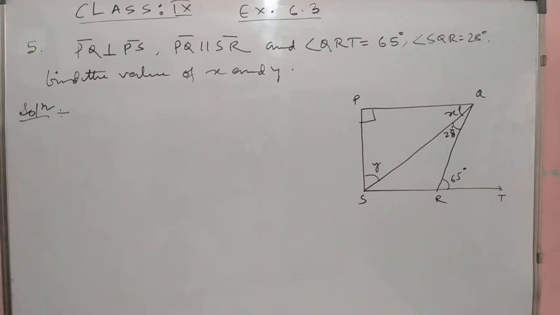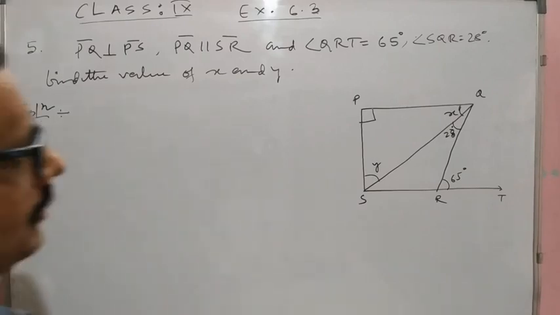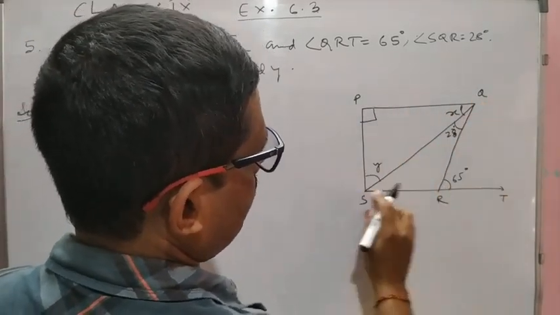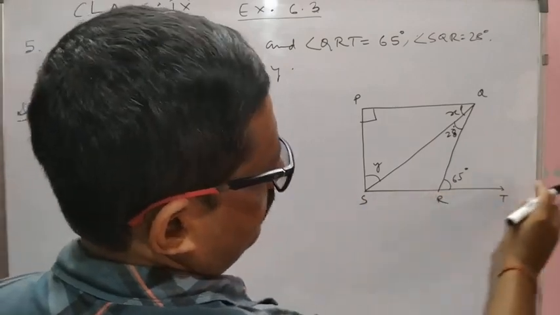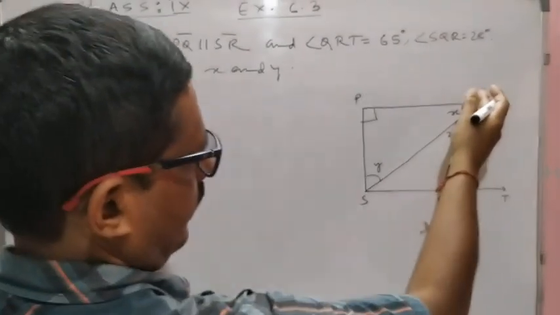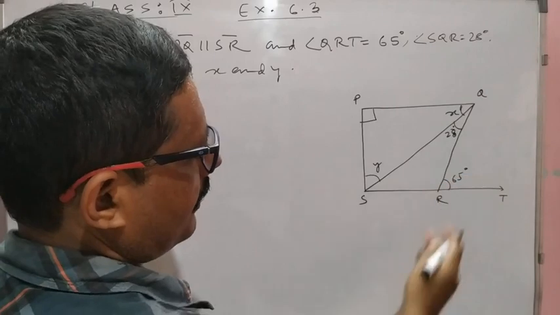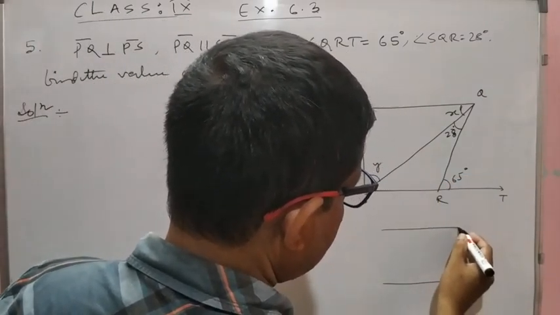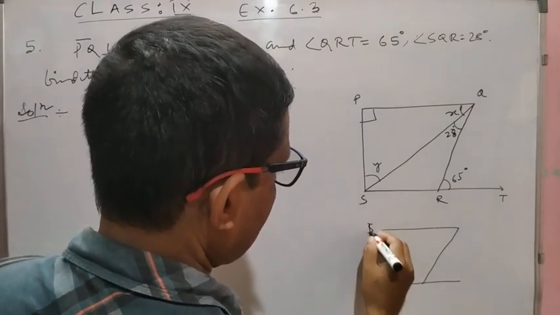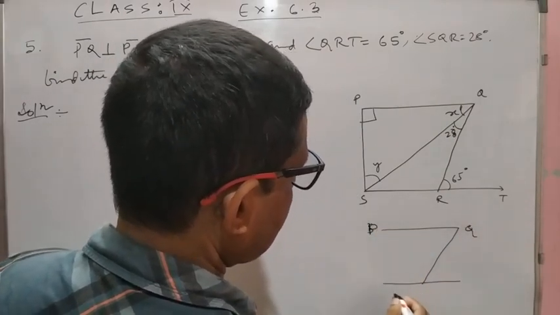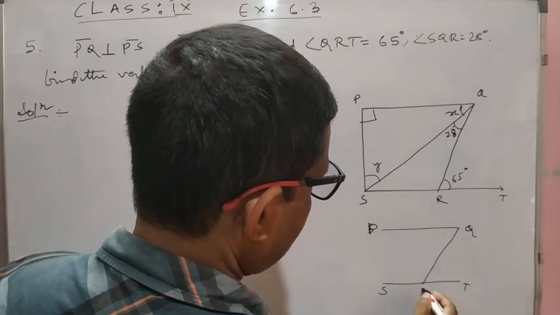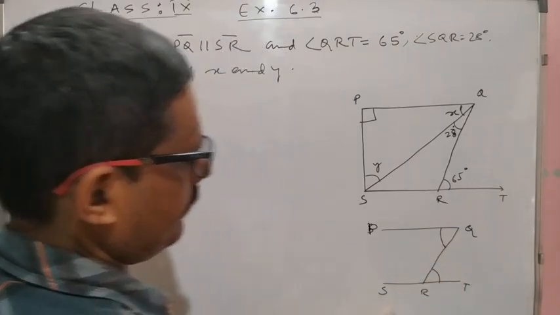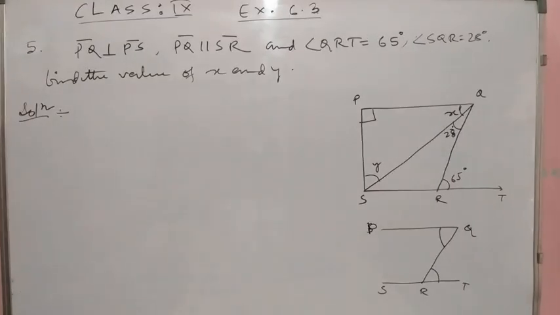Here you see, this one is given parallel to this. PQ is parallel to SR, that means ST also, and QR is the transversal. This is parallel to this, and this is the transversal. P, Q, S, T, this is R. So definitely we get this angle equal to this angle, alternate angles.